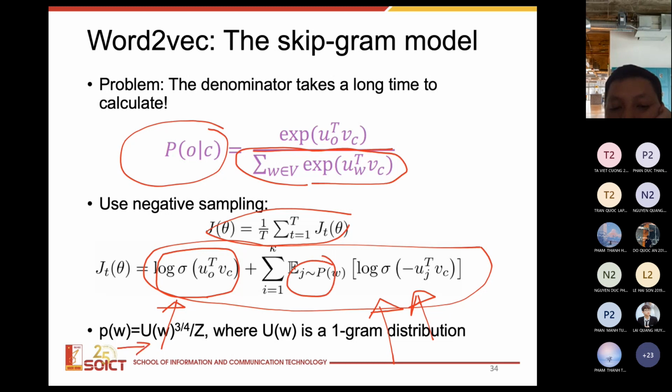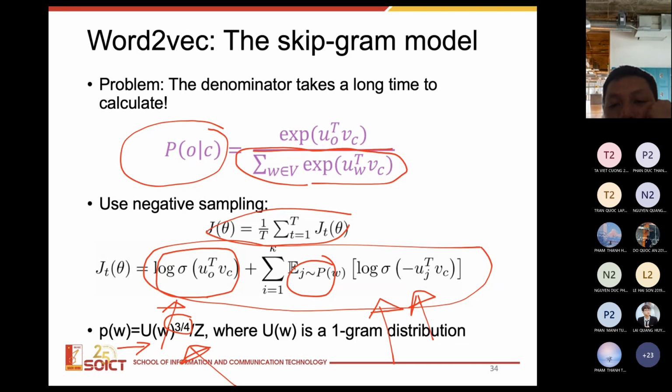This is the hyperparameter they use. You can choose a different PW as you want, but it is the configuration that the authors found to be the most efficient for selecting the negative words.